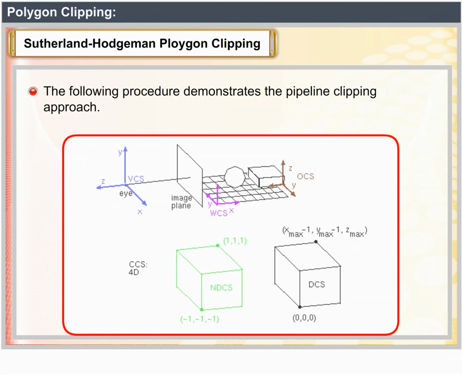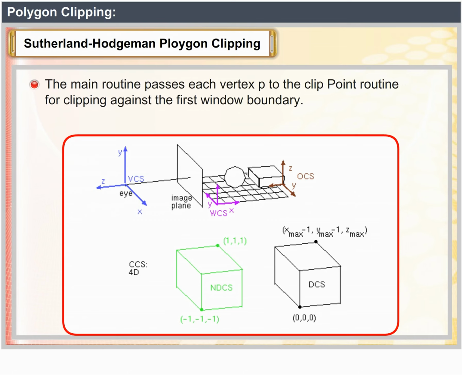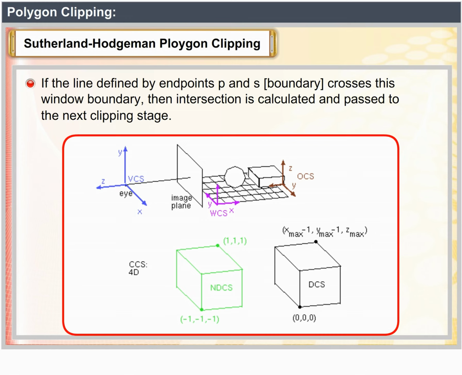The following procedure demonstrates the pipeline clipping approach. An array S records the most recent point that was clipped for each clip window boundary. The main routine passes each vertex P to the clip point routine for clipping against the first window boundary. If the line defined by endpoints P and S crosses this window boundary, then the intersection is calculated and passed to the next clipping stage.